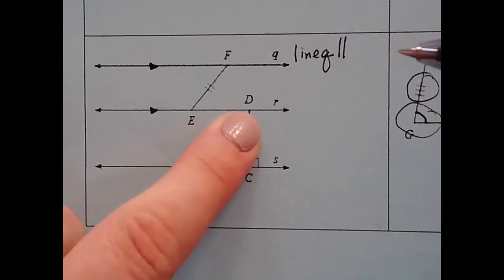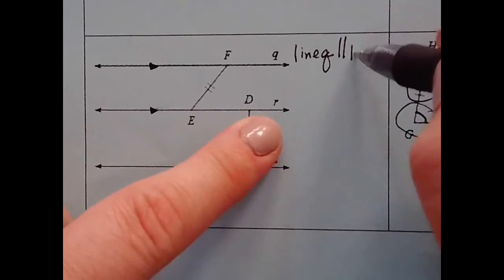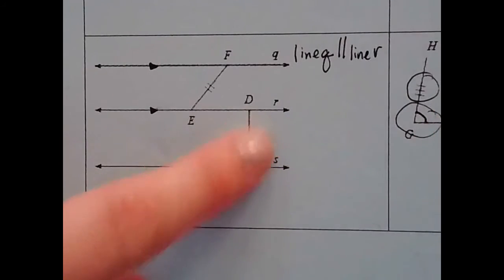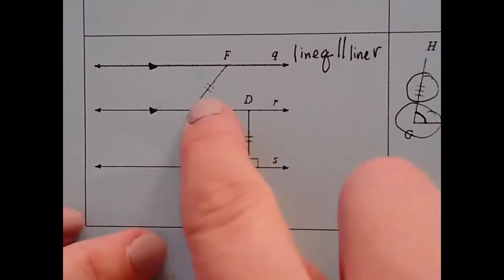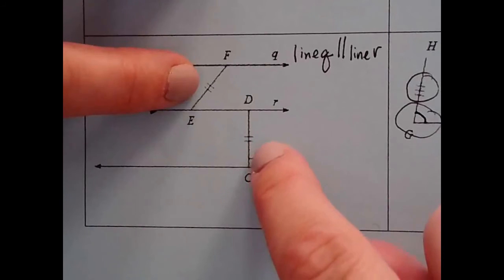Now let's talk about segments. We have 2 interesting things about segments. This one here. What do we know about these 2 segments? They're congruent. EF is congruent to DC.